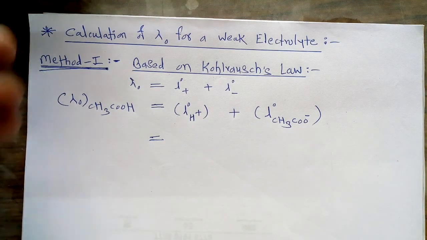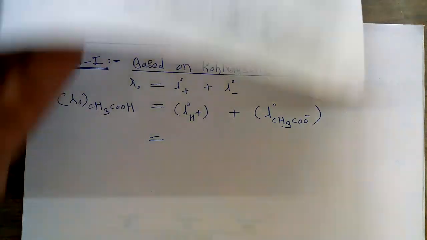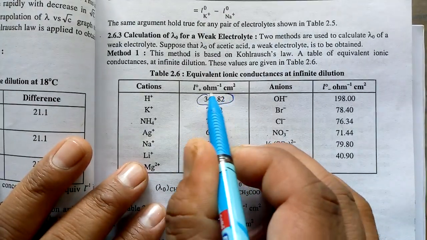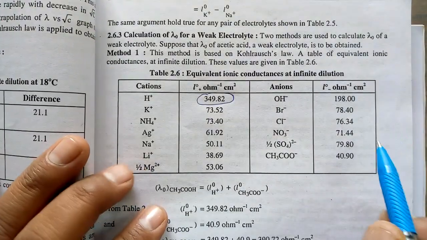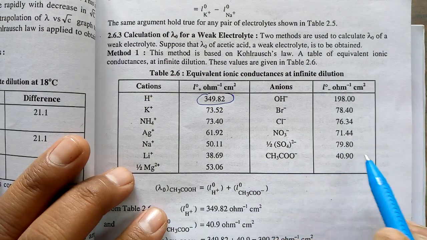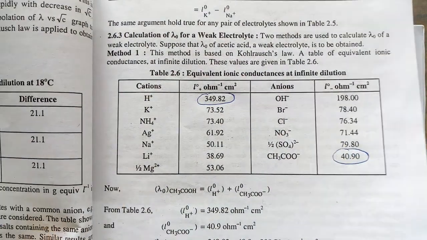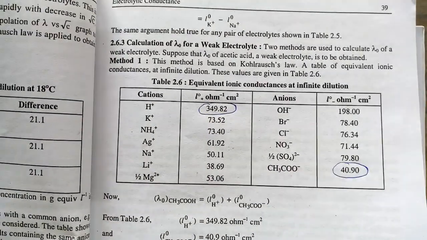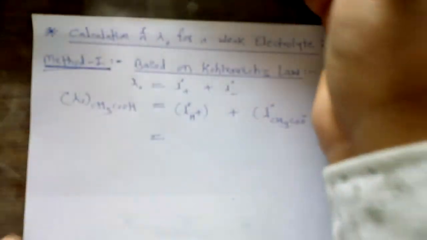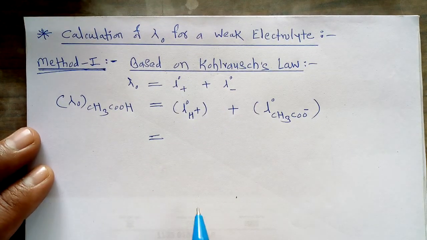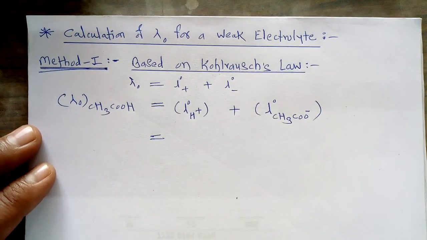From the table, the constant values are given. From this table, the contribution of H plus is equal to 349.82. On the other hand, the contribution for the acetate anion is equal to 40.90. If we take these constant values from this tabular data and substitute them in the given equation, then we get the overall lambda 0 for acetic acid.